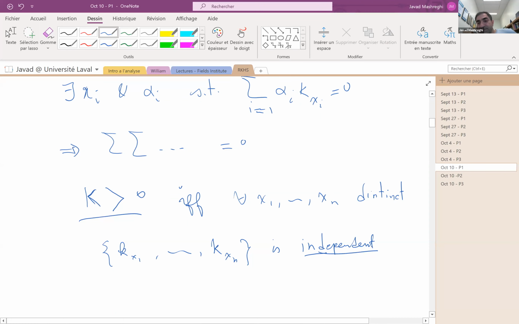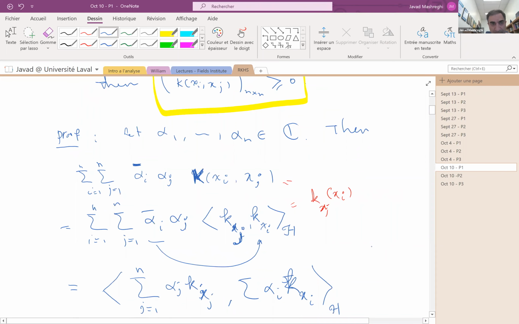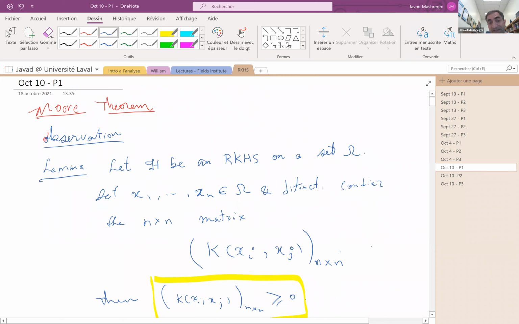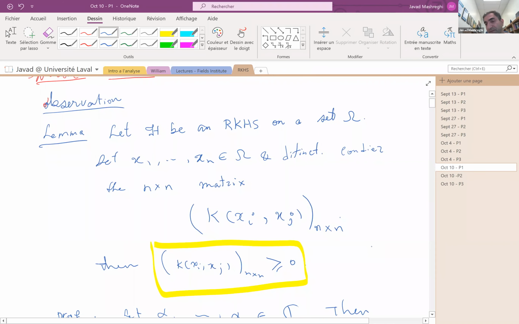Have we defined what is a kernel function? No, but I do this to give the motivation for that definition. Up to now, I started with H, and I say that the kernel has these properties.